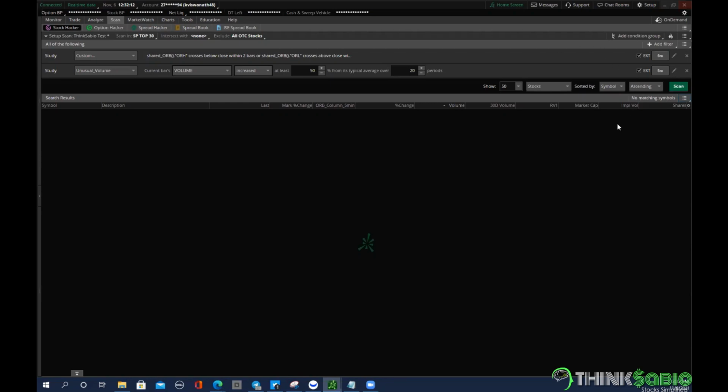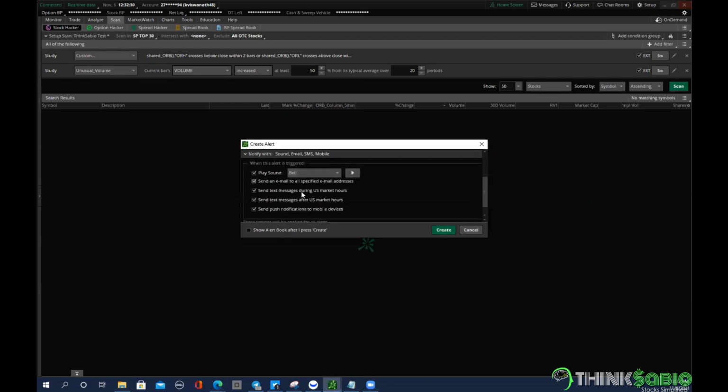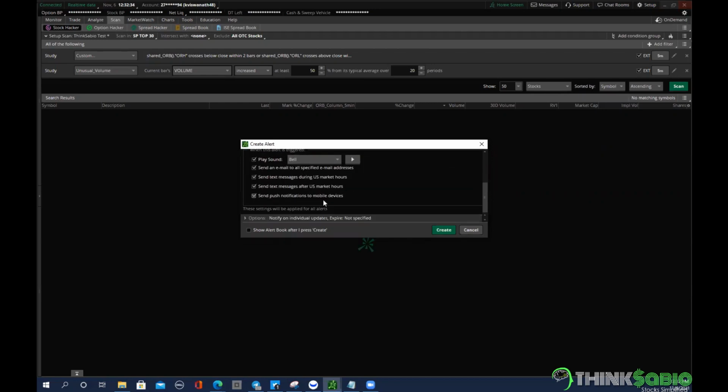If there is a symbol, then I'll get an alert, right? So how do we set an alert? I don't want to scan it every day. So you go here, and then here you click alert when scan results change, right? And you can say like ORB breakout, right? And then you can go here, and you can say send email, send text message, and send push messages.